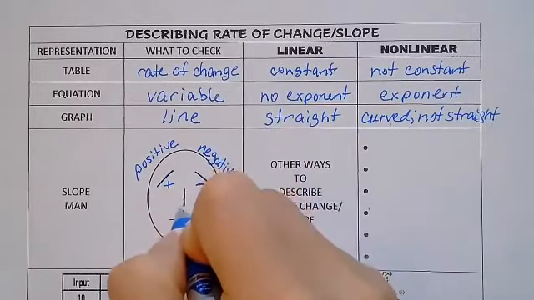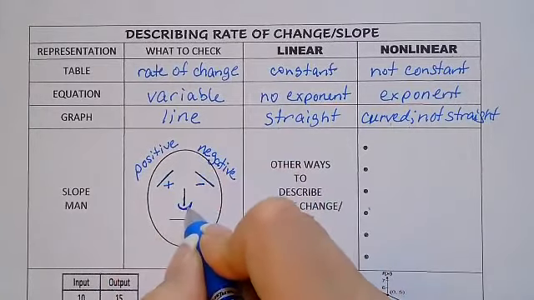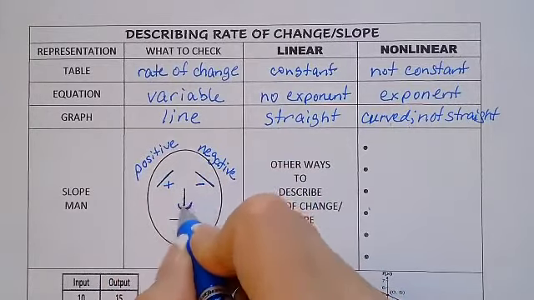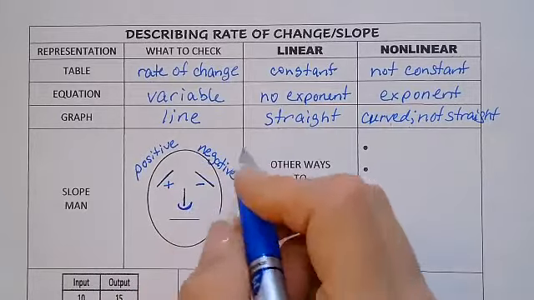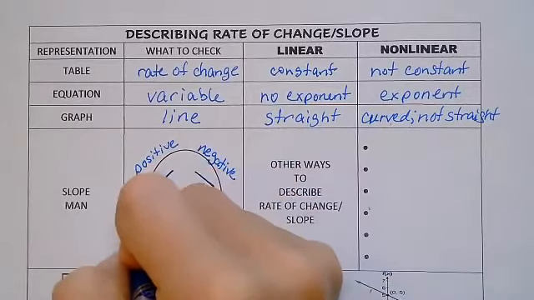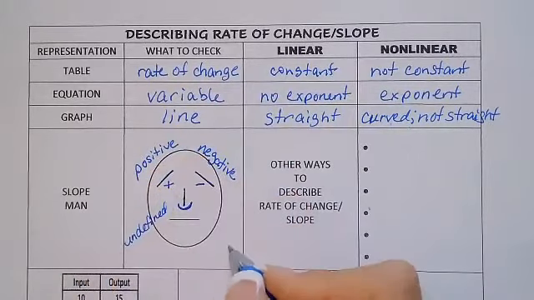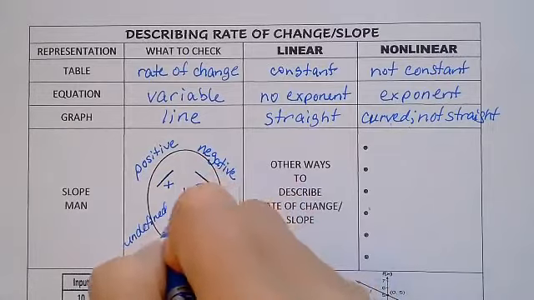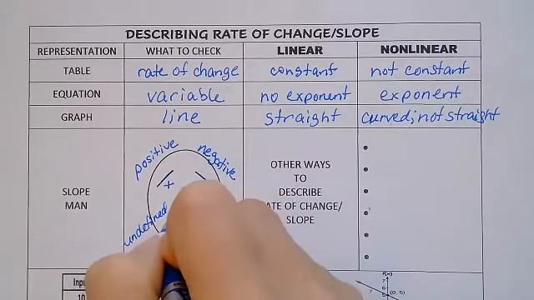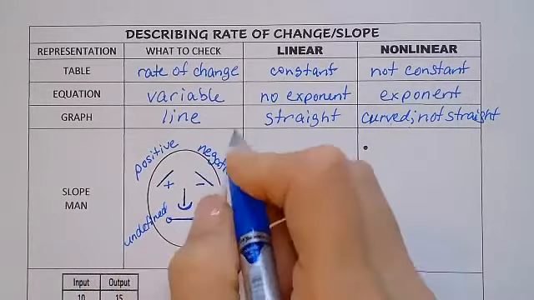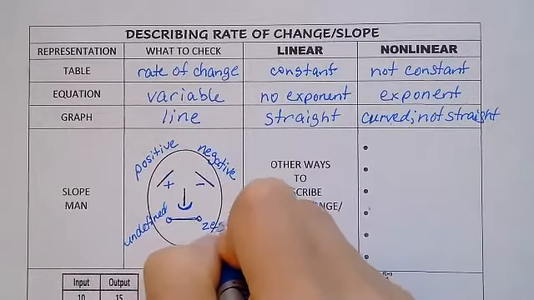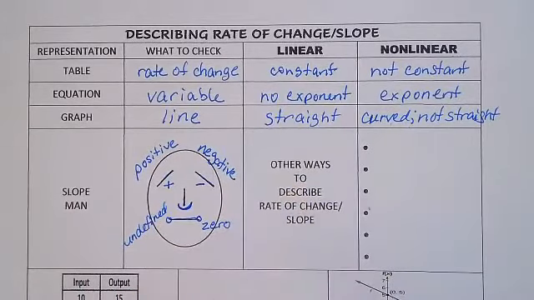If the line is up and down, then we're going to put this little U for his nose, because that means it is undefined. And if it's going straight across, put little dimples, then that is a zero slope.